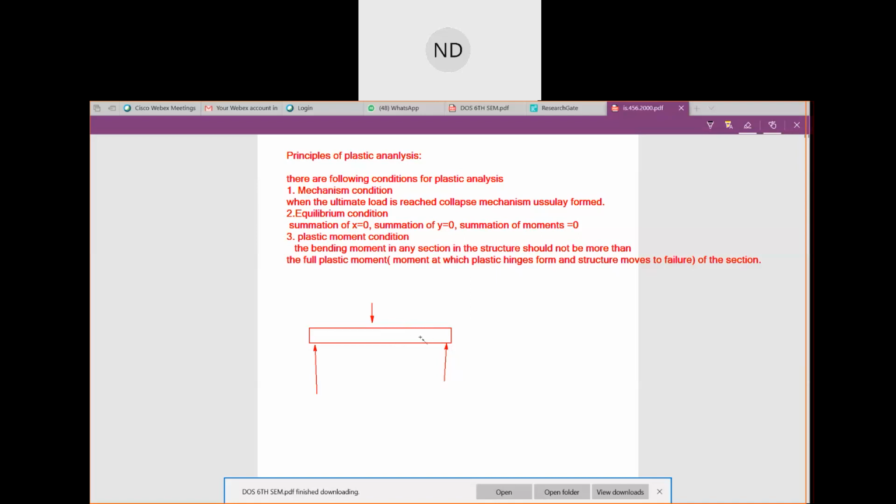At this moment, your stresses are converted into yield stresses. Then the beam member cannot take up any additional moment but may maintain this moment for some amount of rotation and will act as a plastic hinge. That means what? Hinge means having no capacity to resist the moment.